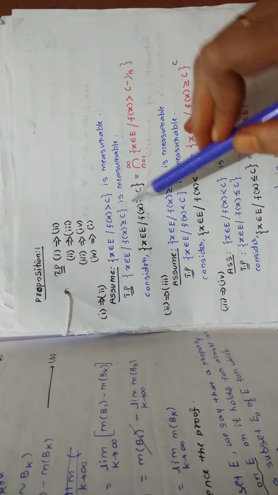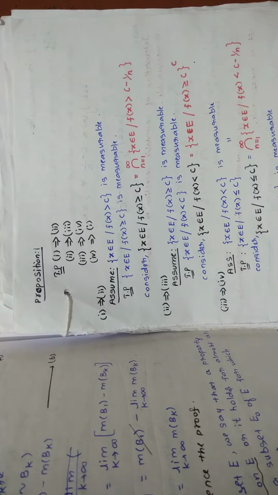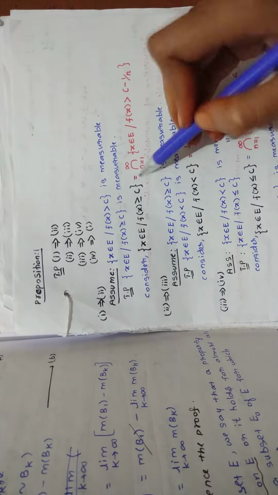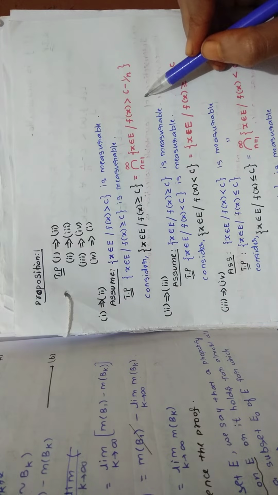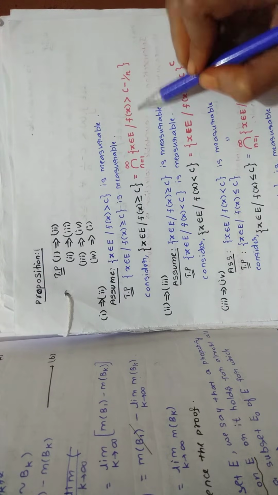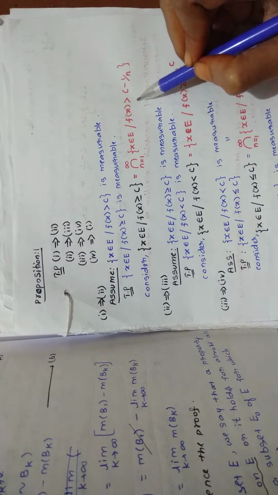This set can be written like this, and you are not going to get any variation. You are writing the same set in a different format. You have to know how they are writing this. You should not forget this.